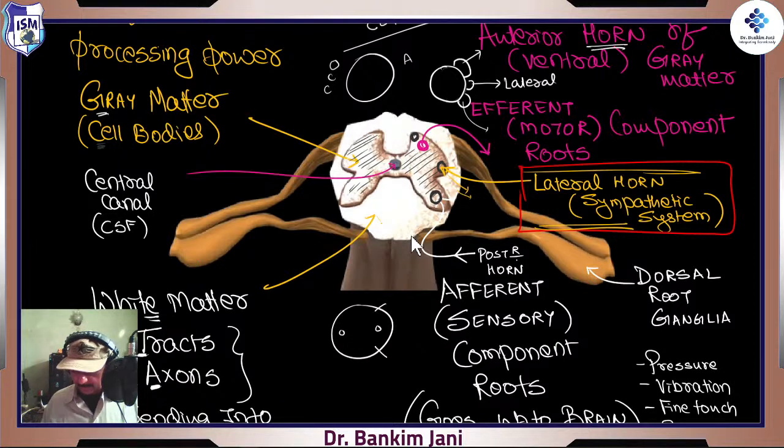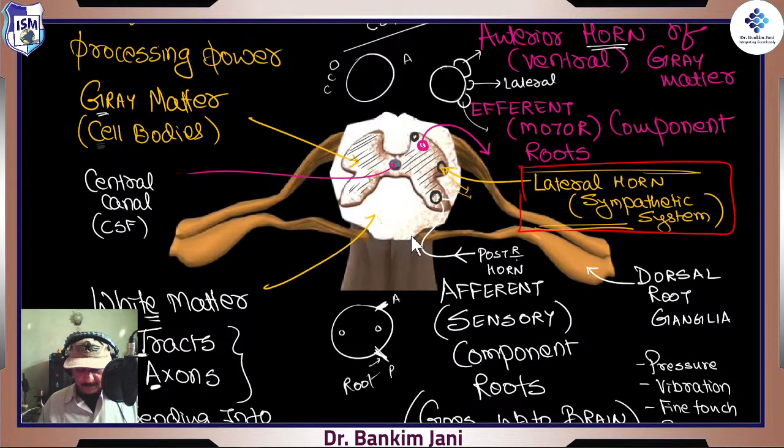So we have the dorsal root and the ventral root. Ventral means anterior and dorsal means posterior. So there is a difference between the roots, right? These are called the roots, right? So there is an anterior root, there is a posterior root.